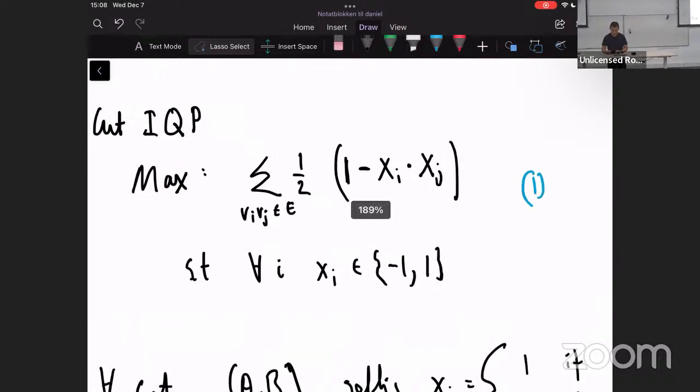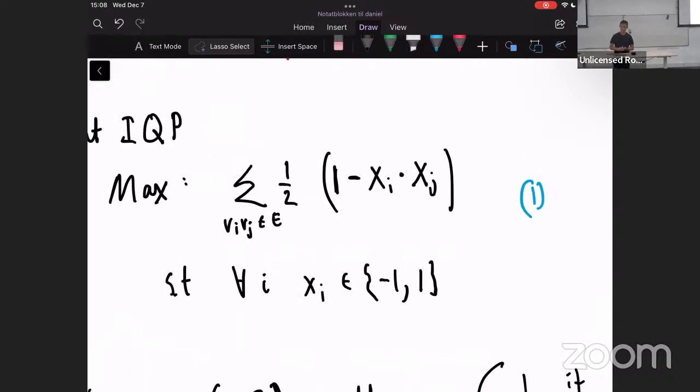And now we're optimizing this weird sum: for every edge vi vj, I want to look at 1/2 (1 minus xi xj). What is this? Well, if the two vertices are on the same side of the cut, then the xi's get the same value, and I get 1/2 (1 minus 1), which is 0.